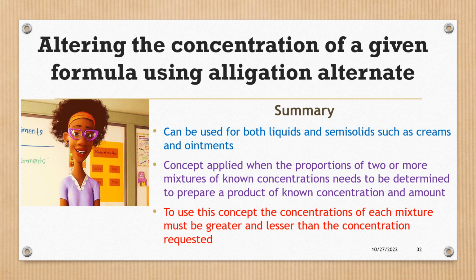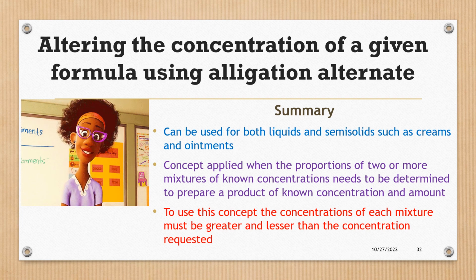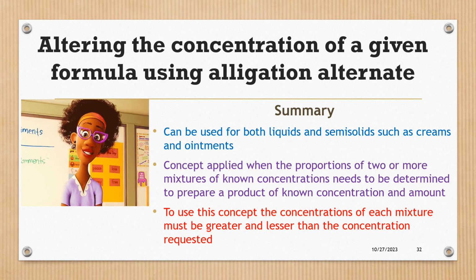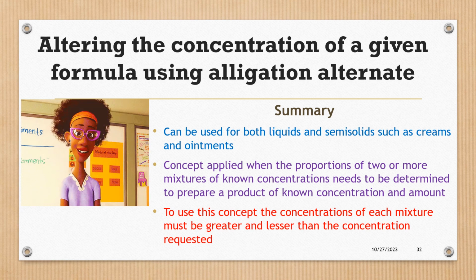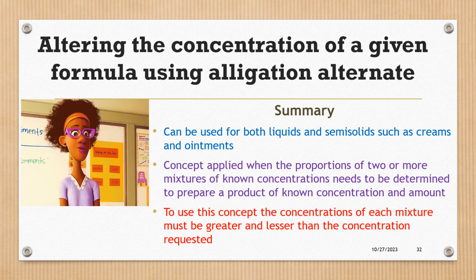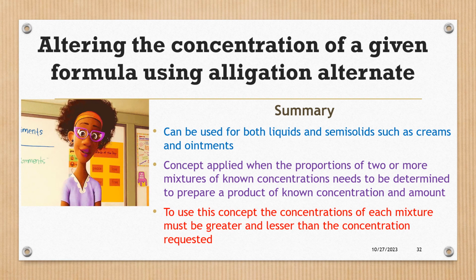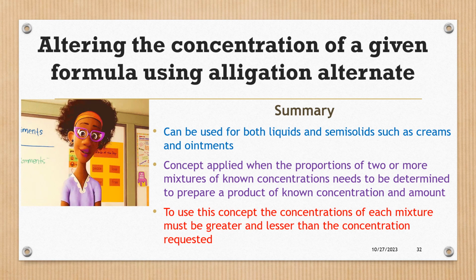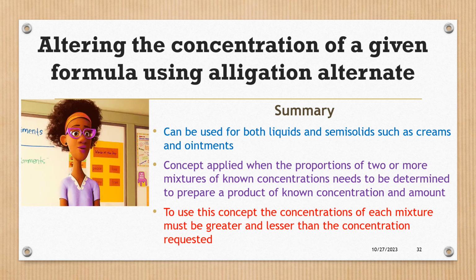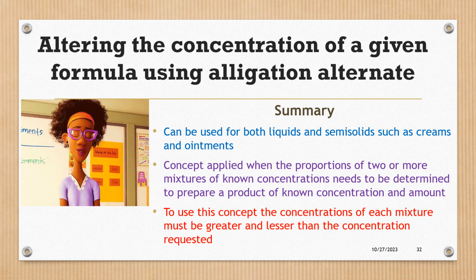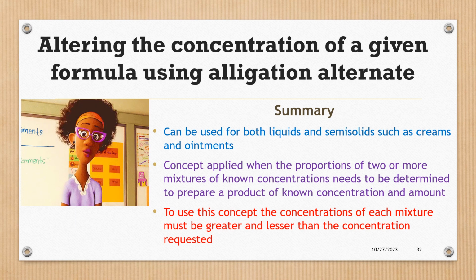Alligation alternate becomes helpful because it tells you in what quantities you need to mix the stocks that you have to get the desired concentration. You must also bear in mind that whatever your desired concentration, you must have at least one stock concentration that is greater and at least one that is less than the desired concentration that you want to compound.